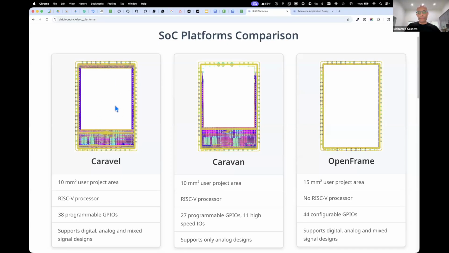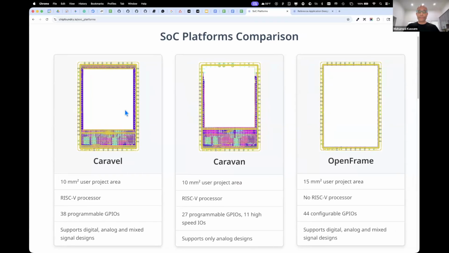So the project will utilize one of these templates to be available to you. But the idea here is that you use a template to start from, and then Chip Foundry provides the tools and the support to actually make it a finished chip.